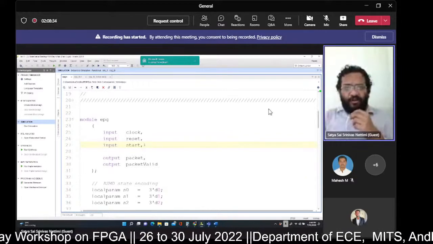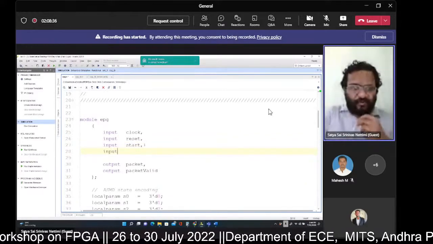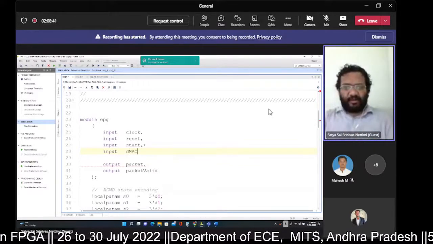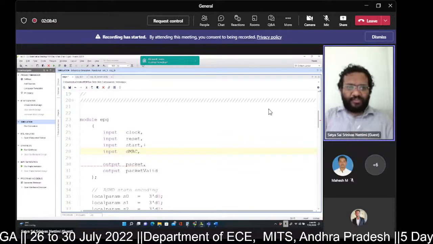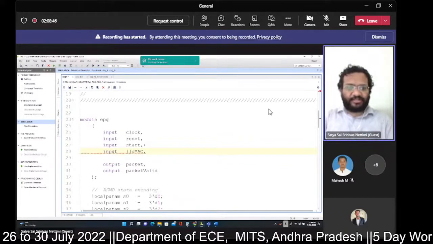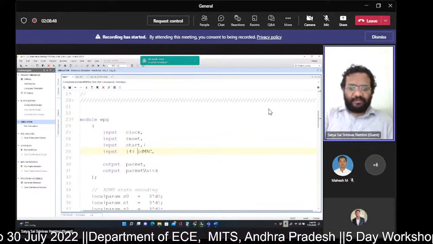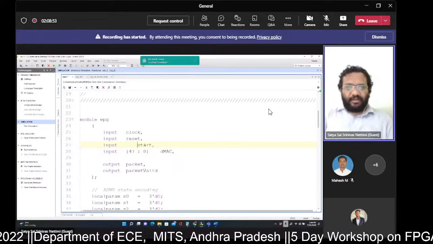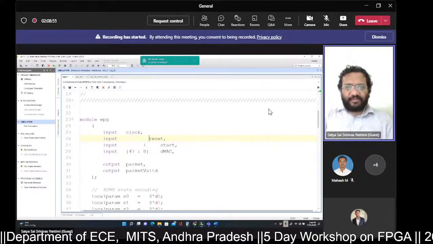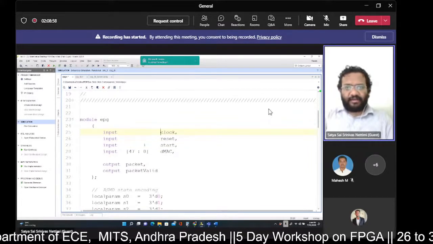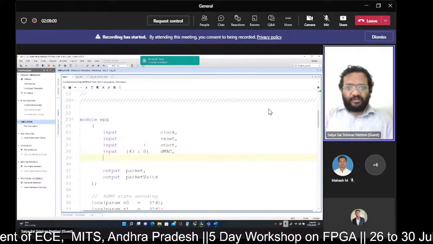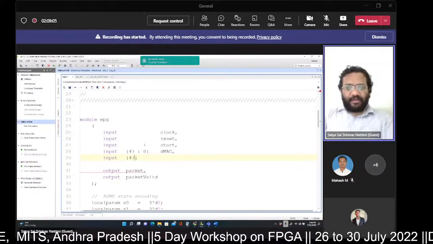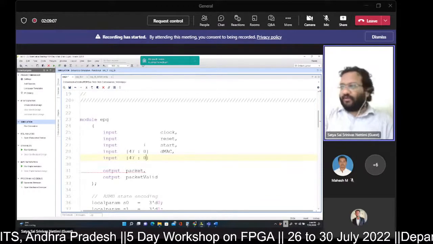Along with the input clock, reset and start, I assume that my module is having a destination MAC input which is 48 bits in length, that is 47 down to 0. Similarly, for the source MAC address, I also have one more input called SMAC, that is again 47 down to 0.